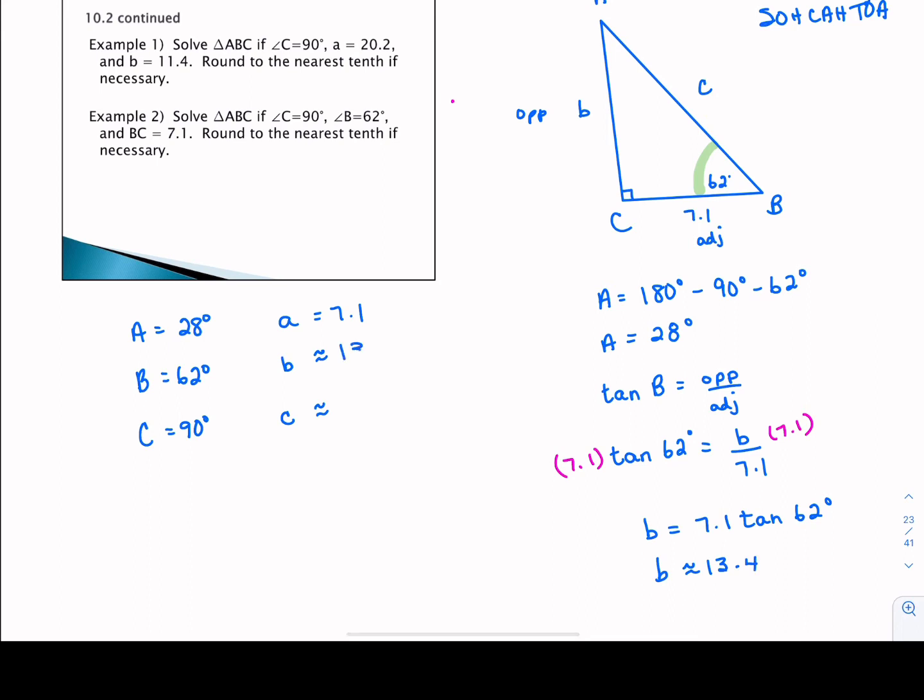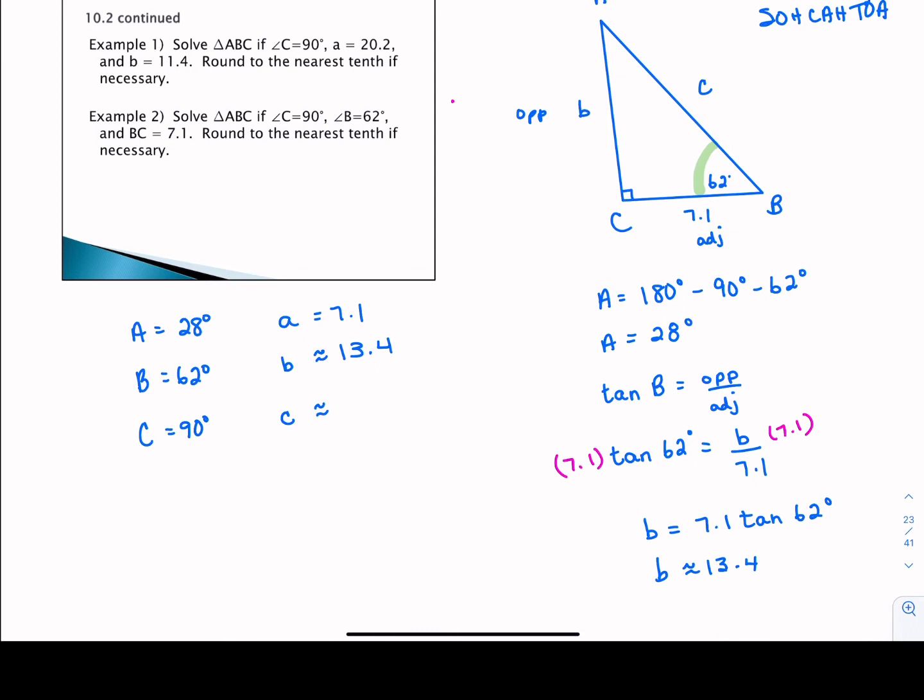Now that makes good sense so far because the smallest angle was 28 degrees and the smallest side so far was 7.1 units. 62 degrees is much larger than 28 degrees, and we see the side length is much larger as well.